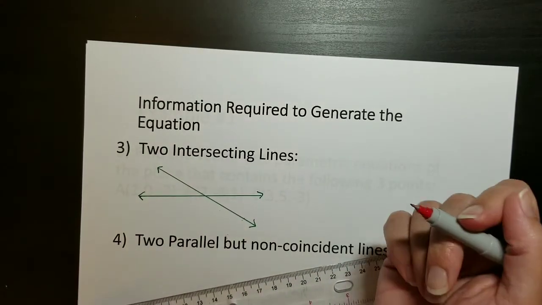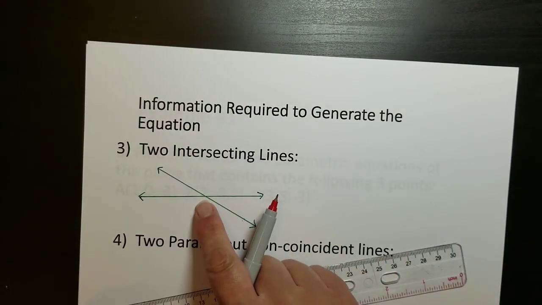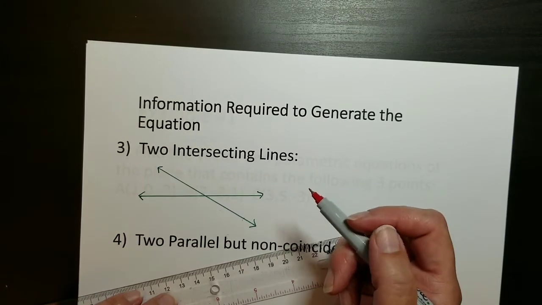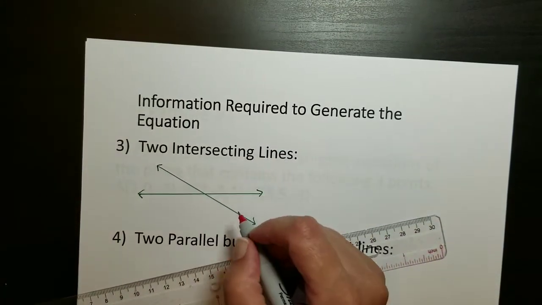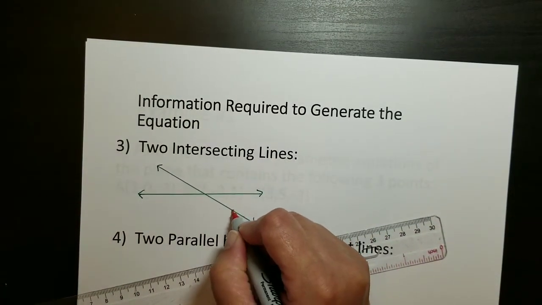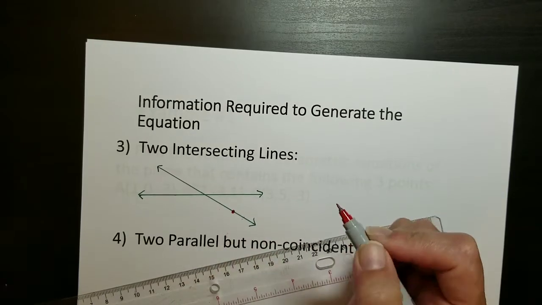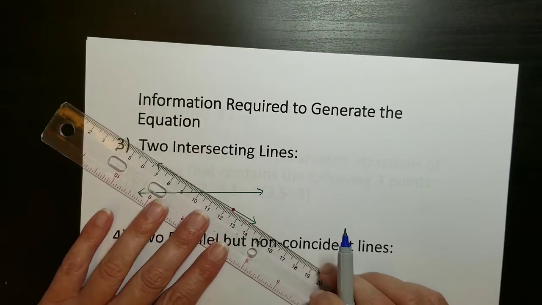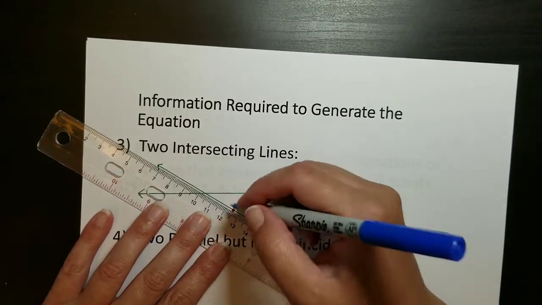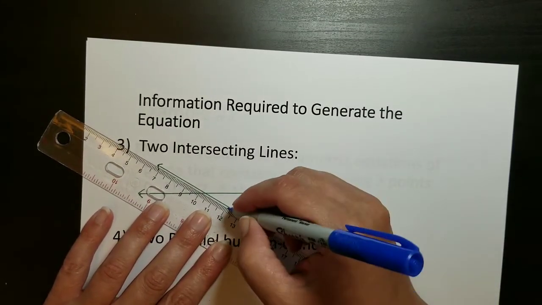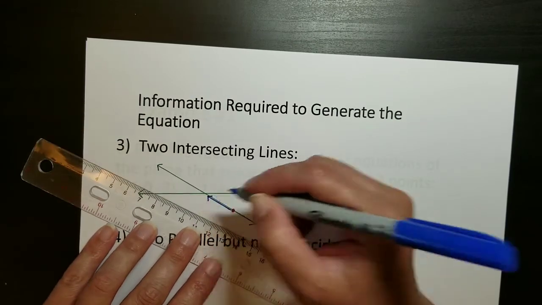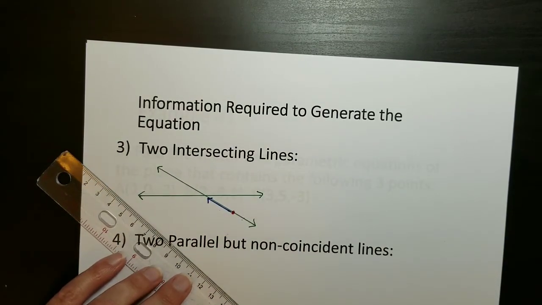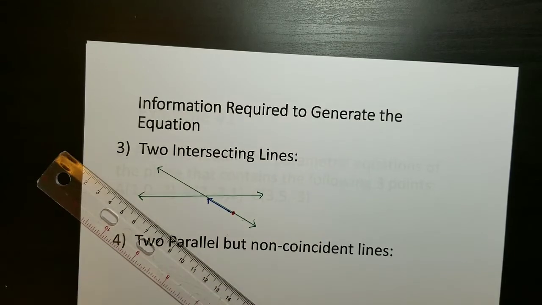But for now, let's just say that these ones would intersect. And here, for each line, you're going to have a position. This is almost the easiest case because for each line, you have a position and a direction.